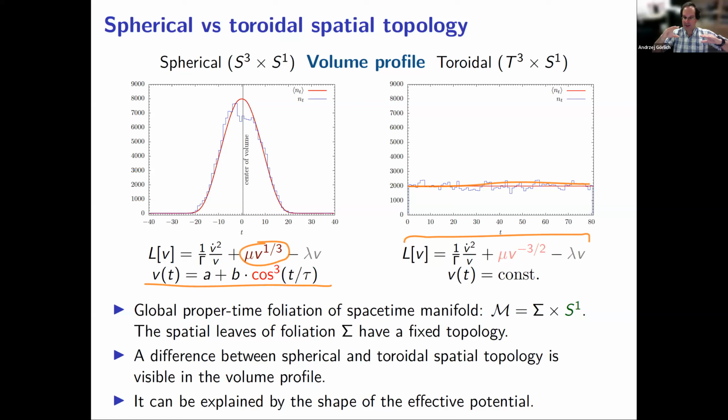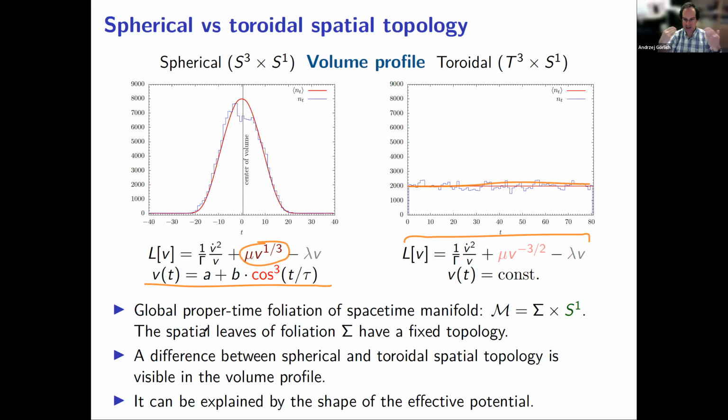First, scalar fields winding in the spatial direction introduce a pinching in the spatial direction. This introduces an effective change of the spatial topology from a toroidal to a spherical one. And this, in the next step, changes the volume profile in the time direction from a constant one to a cosine cubed, a blob-like one.